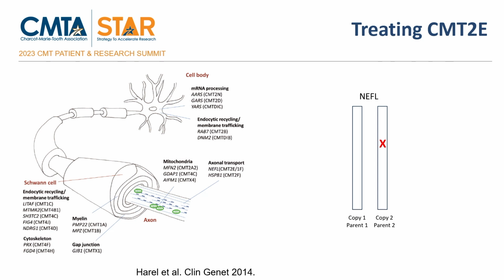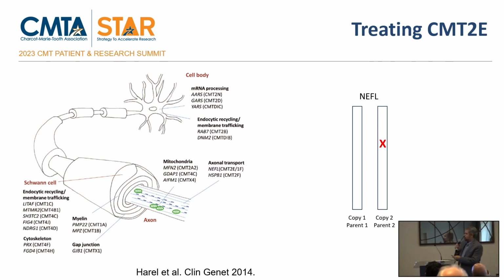You guys also hear about recessive or type 4 CMT. Those are the forms where you have to have changes on both copies to develop disease. And that's important because that means that for type 2 patients, we always work in a situation where we have one copy of the gene that's unaffected, so what we call wild type, and one copy with the genetic problem, with the mutation.